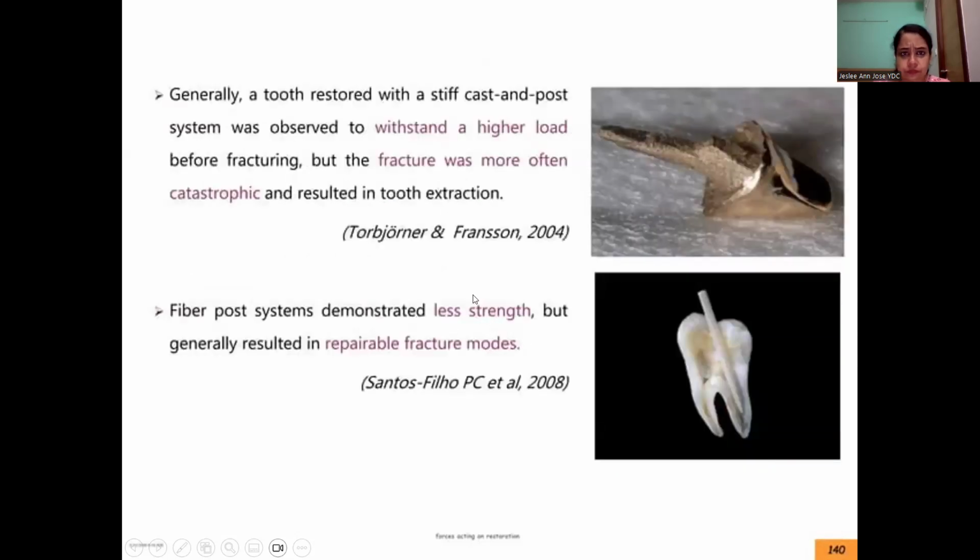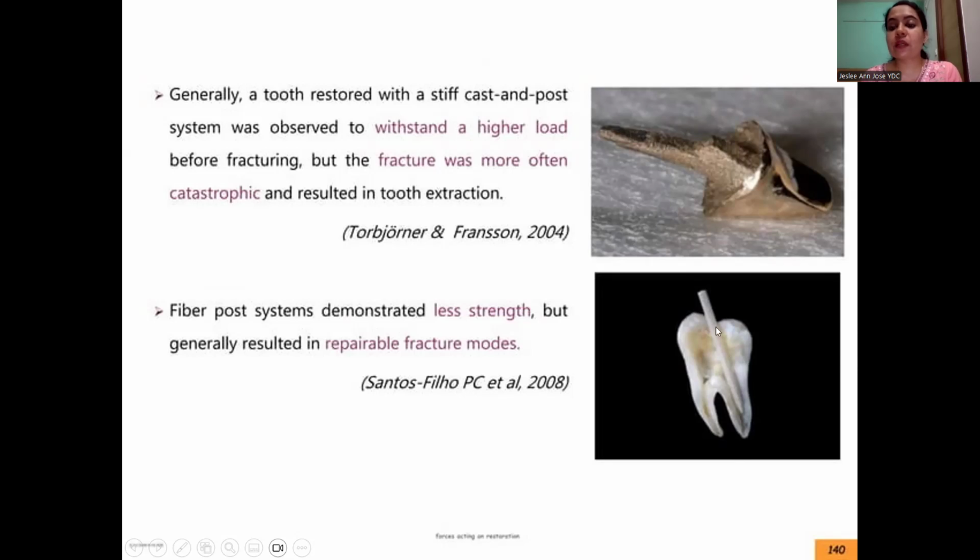Also, root canal treated teeth per se are very brittle compared to normal teeth, and on top of that, in some cases, because of the grossly decayed tooth structure, we might have to place a post and core restoration.